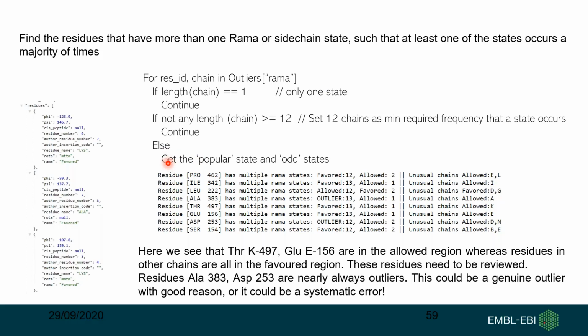If this is the case, let us take a look at the popular state, which is what is inside the 12 chains, and the odd states. This is what you will get if you do this exercise. For example, this residue here, proline 462, 12 chains has the state called favored, whereas another 2 chains has the state called allowed.